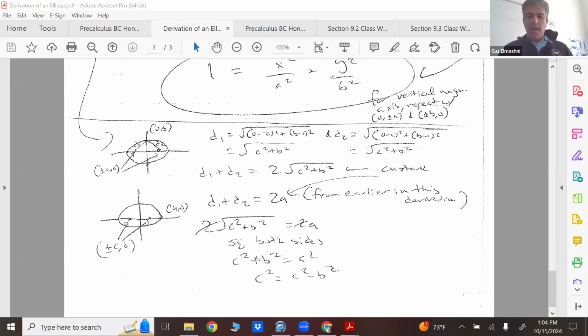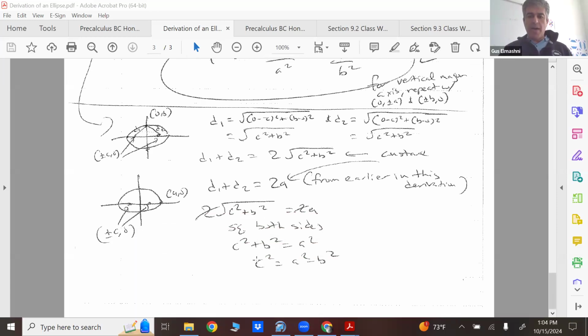And actually, I think this is the derivation of why c squared equals a squared minus b squared. Yeah, actually, if we take a look at (0, b) and (a, 0), and we do the same thing, the d1, d2 business here. Let's see, you have 0 minus a c squared plus y minus 0, or b minus 0 squared, by hypotenuse of b.